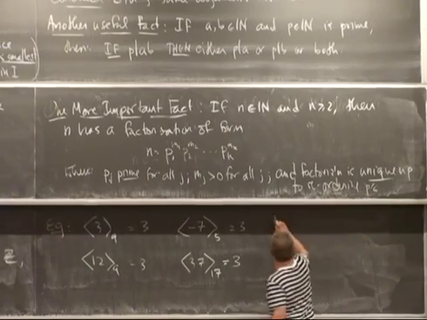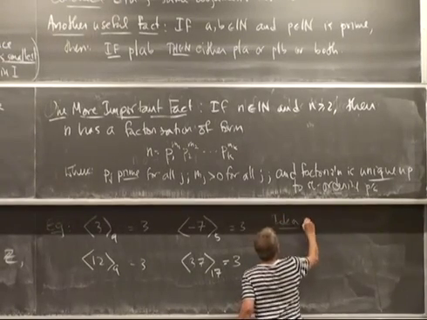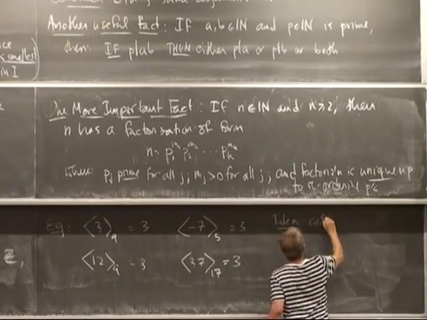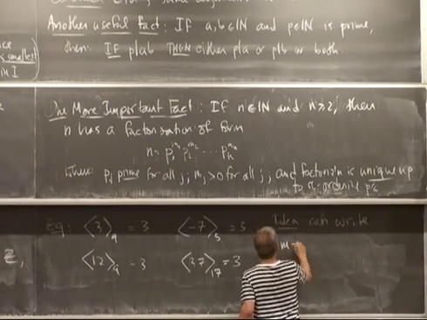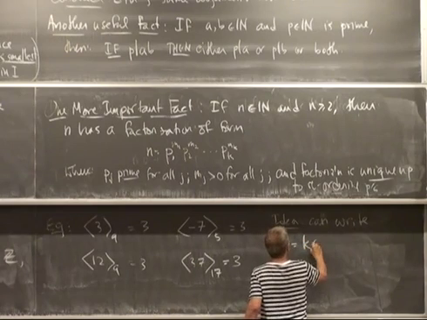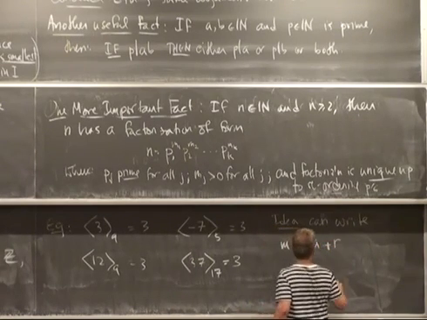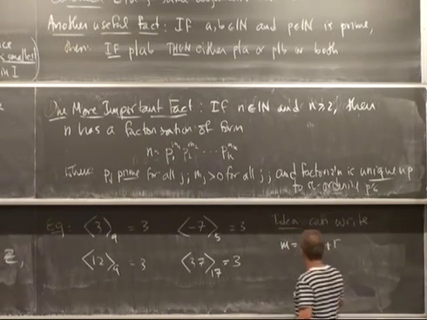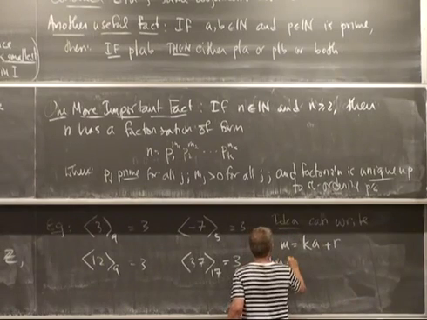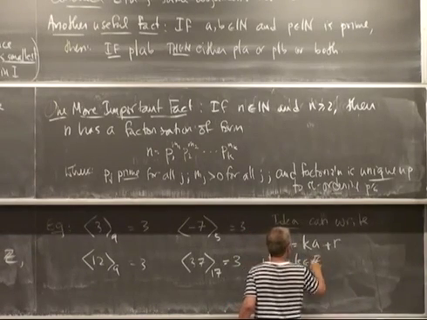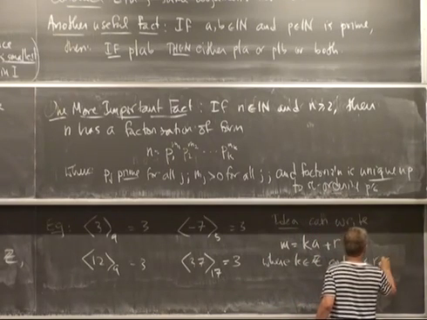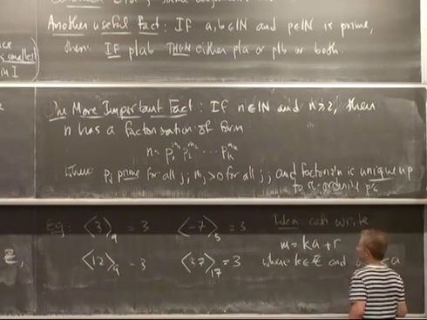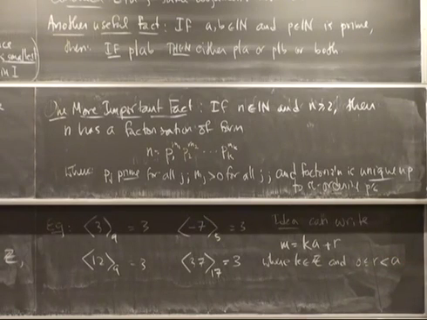The idea is you can always write m as follows. M is equal to Ka plus R, where K is an integer and R is a number that's bigger than or equal to 0 and strictly less than A. It's the same as that D thing we did a little while ago, right up there in the northwest corner of the board.